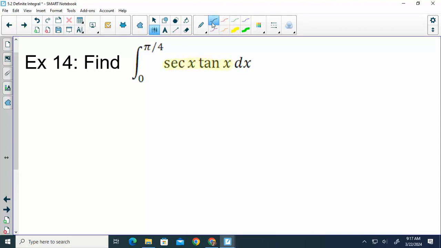Does anything have a derivative that is equal to secant x tangent x? Yes. Derivative of tangent is secant squared, but the derivative of secant is secant x tangent x. So the antiderivative of this is just secant.